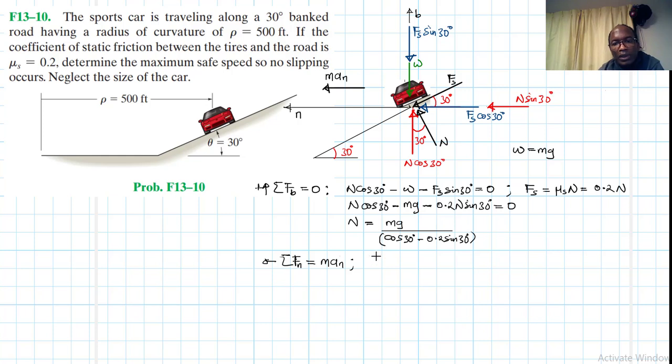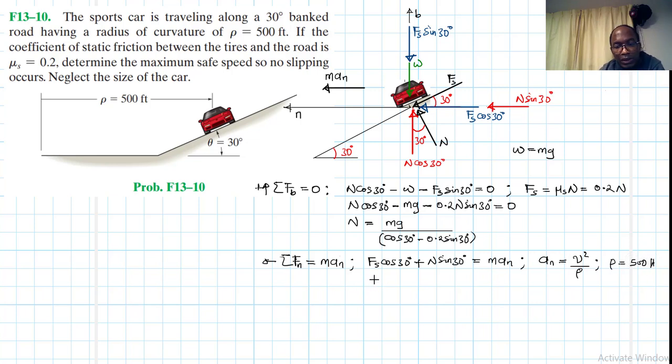So what do we have in that direction? We do have Fs cos 30 plus N sin 30 equal to m a_n, where a_n is just the centripetal acceleration. This is v squared over rho, where our rho is given as 500 feet.